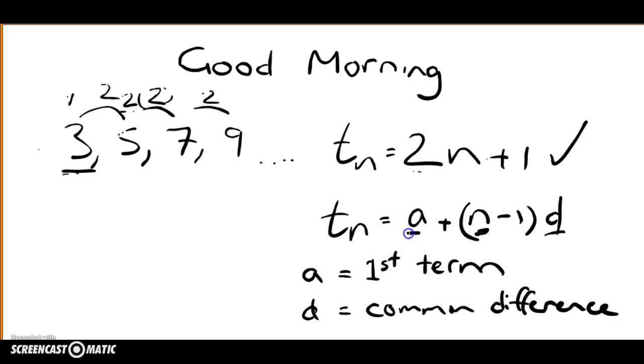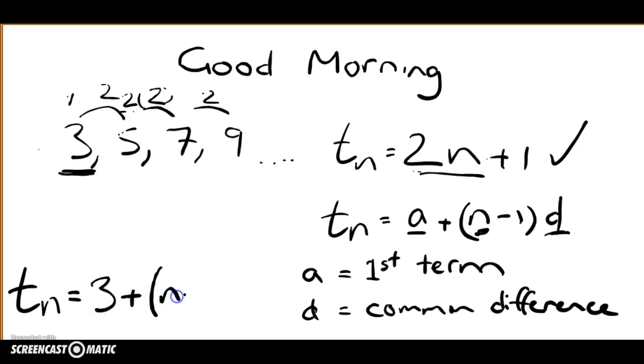Okay, let's just try plugging in a, d, and n just stays n because you can see there's n in the answer. So Tn equals a, which is 3, this is the first term, plus n minus 1, and the common difference every time is 2. Now, if I was to use a little bit of rearranging, you would find out that we've actually got 2n plus 1 written here.